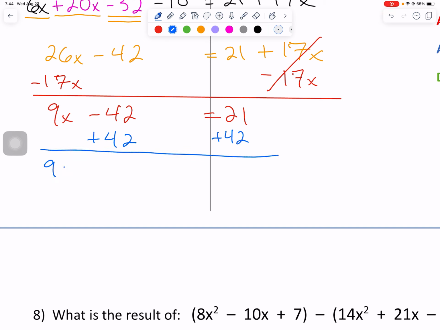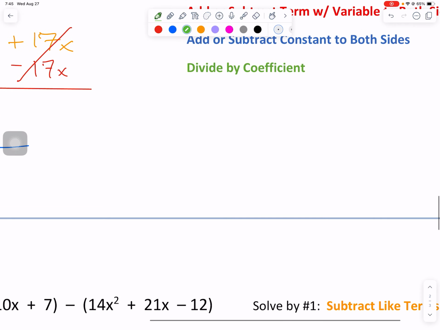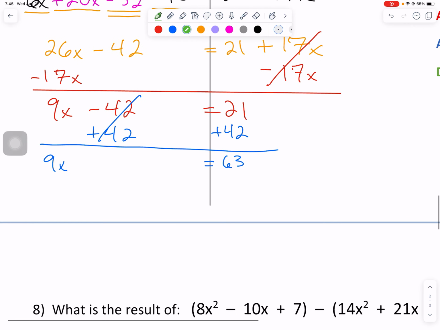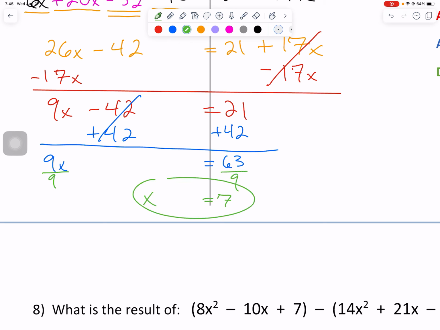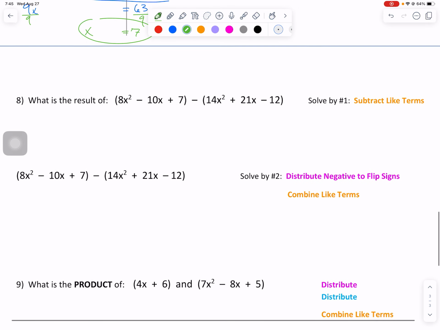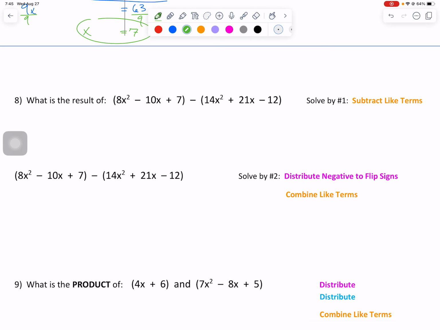Wonderful work. Your 9x comes down. Get rid of that. Bring down your equals. 21 plus 42, 63. Our last step in green, divide by the coefficient, the number in front of the letter, which is 9. X equals 7. Let's call that one a session and move to number 8.